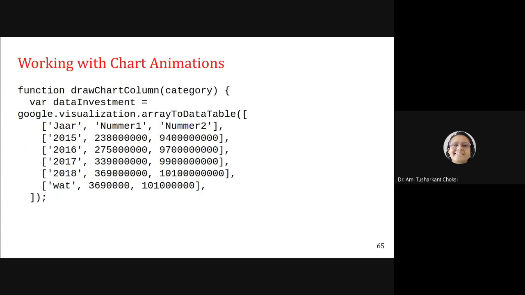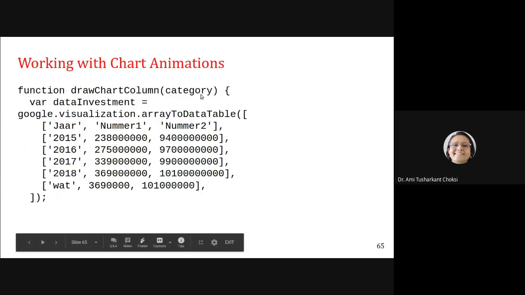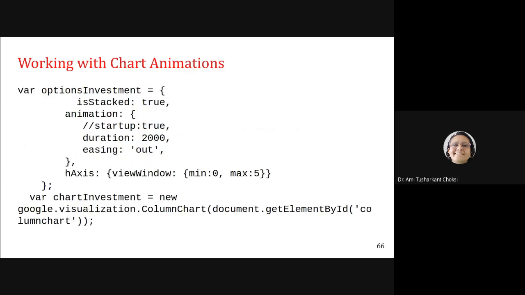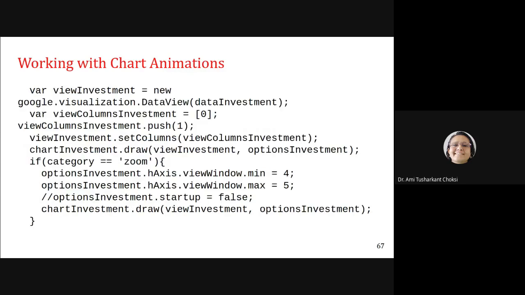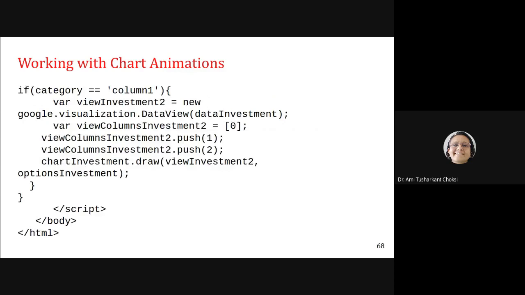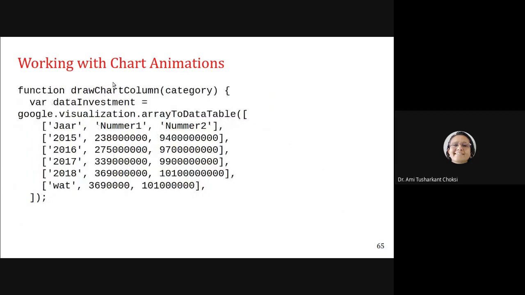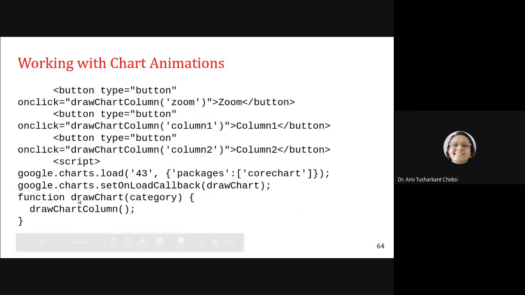Okay, what is there in this particular function? That is, we want to specify the data the way we were doing till now. This is the data, then after we are specifying the options, then after we are drawing the chart. Fine. So this is what we want to do. Let's see how we are specifying. This is function drawChartColumn, right? Here what we have done is drawChart.